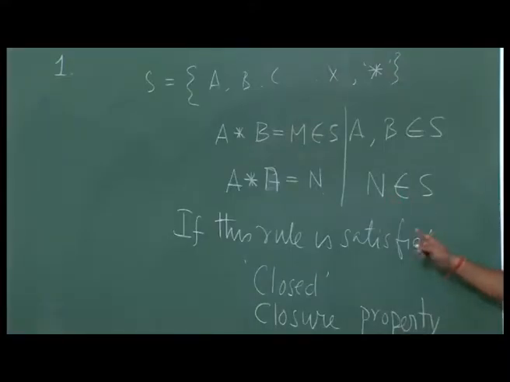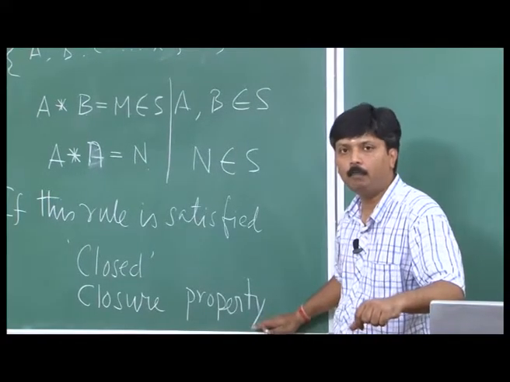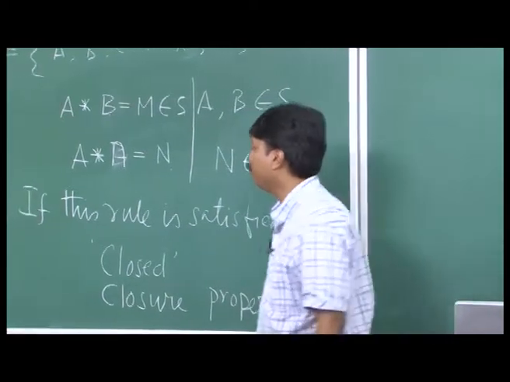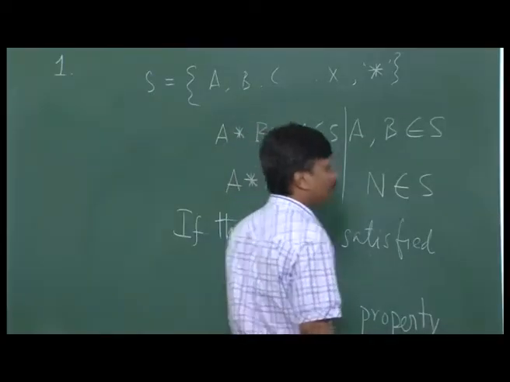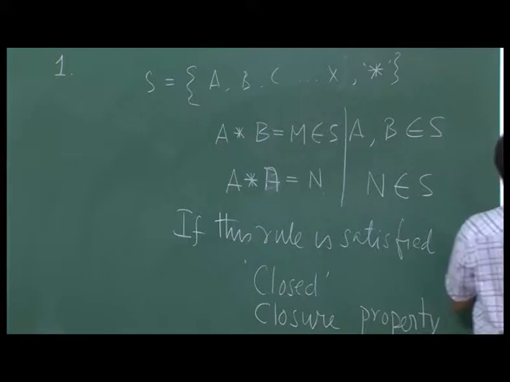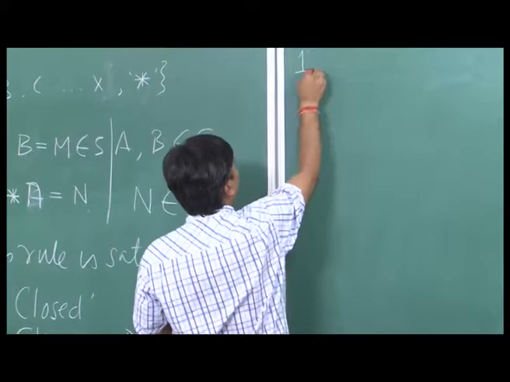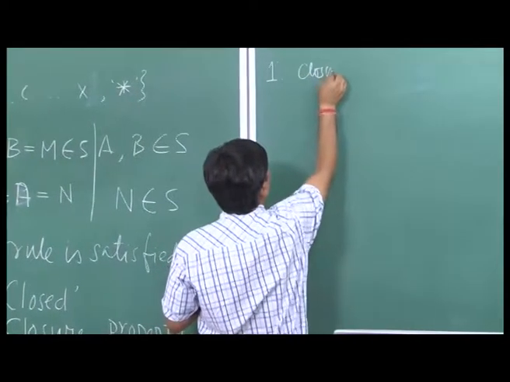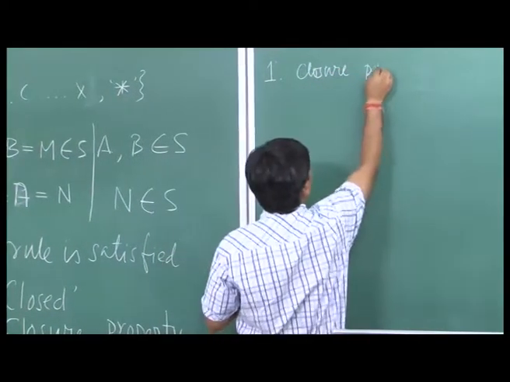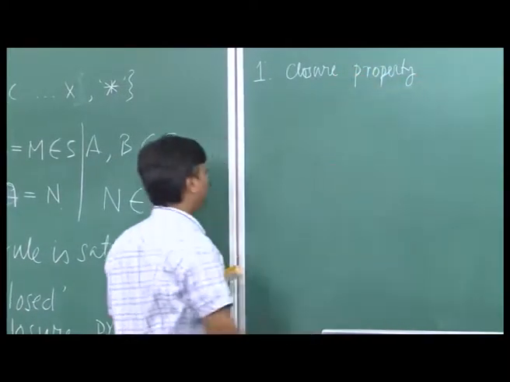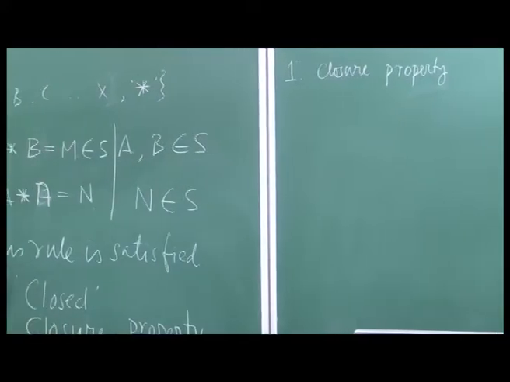If any set fails to satisfy this property, then it will not form a group. So the first one is the closure property. Let's write down all of them one by one over here. In order to form a group, it must satisfy closure property, number 1.